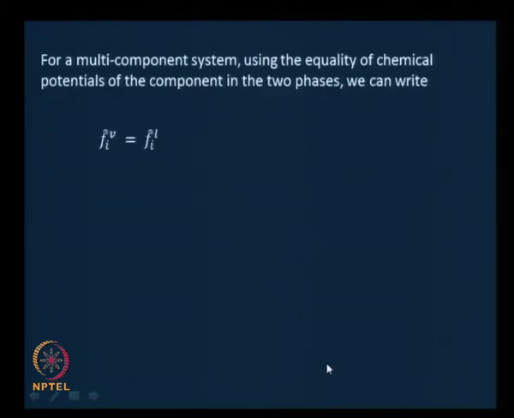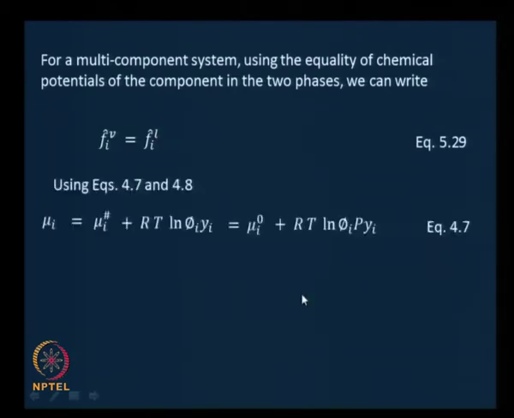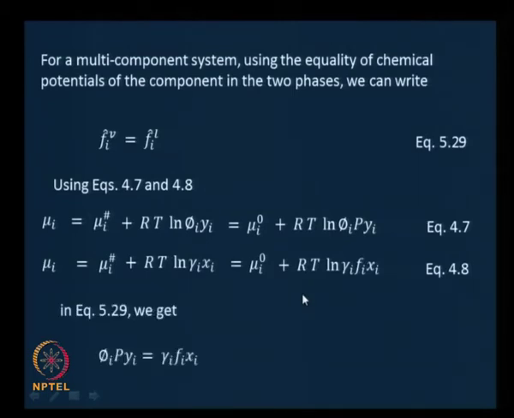And in a multi component system we saw that the fugacity of the component i in the vapor phase, f_i hat V, must equal the fugacity of the component i in the liquid phase. And in terms of the expansions we could get a useful relationship that phi_i P y_i equals gamma_i f_i x_i.